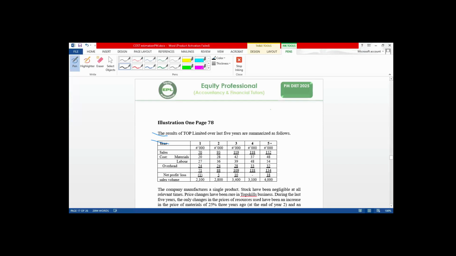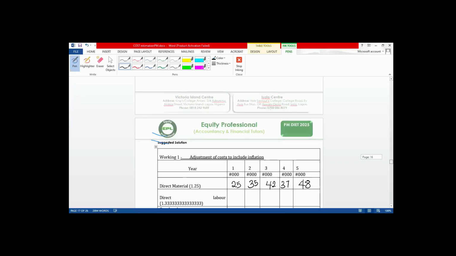If I even exclude year 5, 1, 2, 3, that was the last time material price increased. So 25% will affect year 1 and year 2. After year 2, the increase in material price will stop. You now pick the figure you have here, 42, 37, 48. That was what we did here.